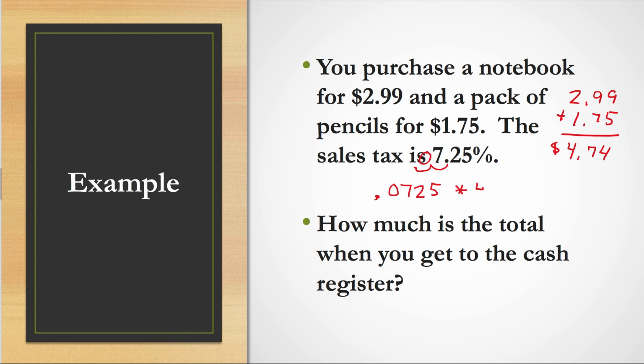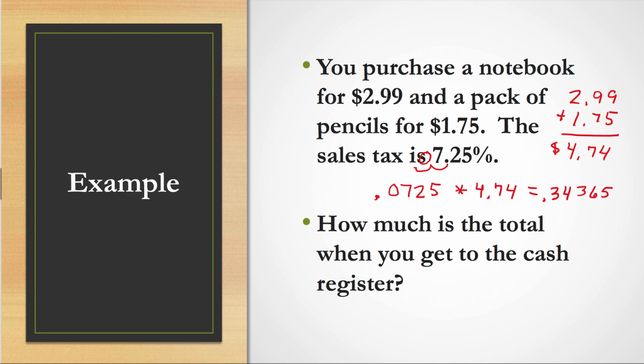So I'm going to multiply that times 4.74, because that's the total of the items that I'm going to buy. All right, so this gives me, and I'm going to write this whole decimal out so we can look at it, 0.34365.